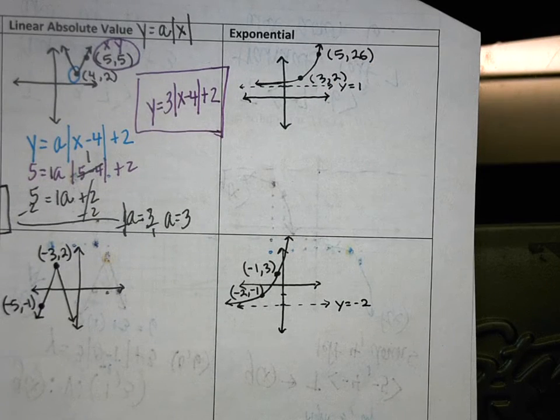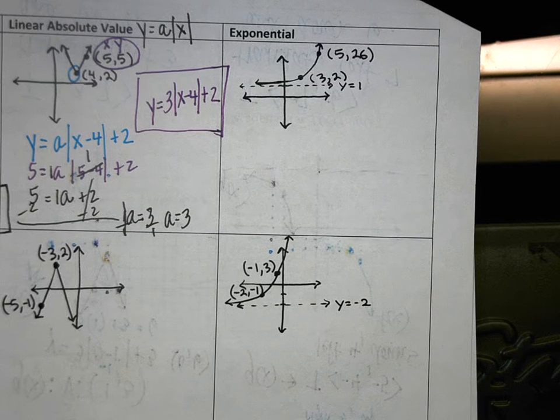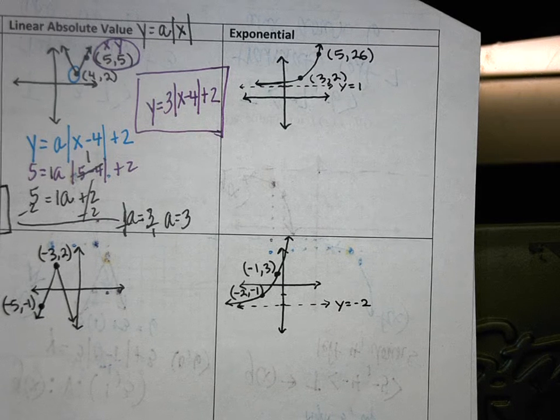Exponential. This one is where it's a little bit different. So you can see that it's translated here, correct? Because all exponential functions, where do they originally start at? Very good, 0, 1.